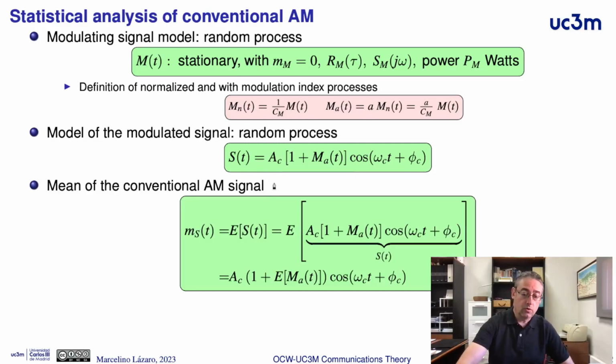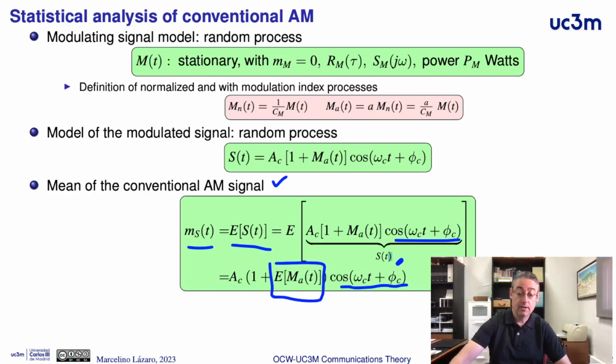We are going to obtain the mean of this random process, and the mean of a random process can be obtained by the mathematical expectation of the analytical expression of this random process. In this case, we have here the expected value of S(t). Taking into account that the cosine is a deterministic function, we can move the cosine out of the mathematical expectation, and inside of the mathematical expectation we only have the random process m_A(t).